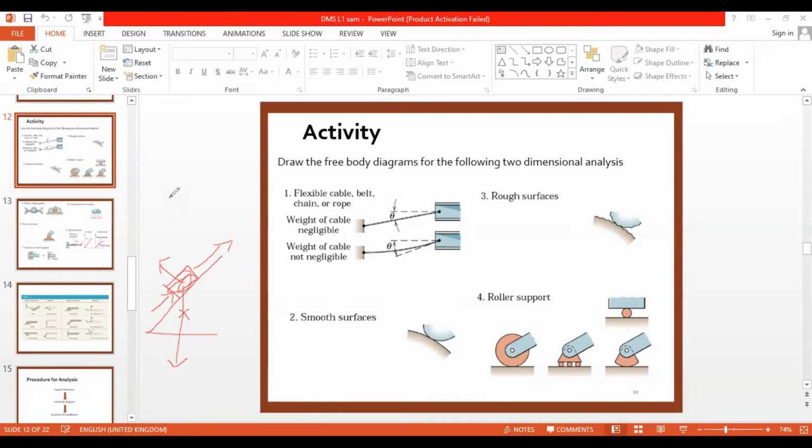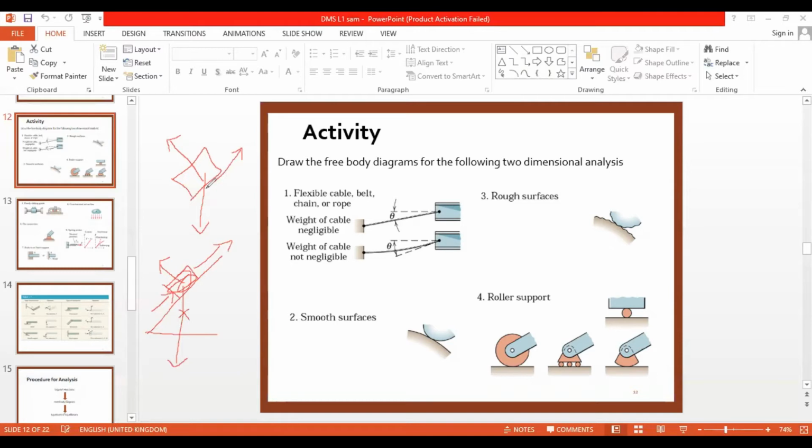If I want to draw this particular diagram as a free body diagram, then I have a body like this, and it will have a mass. It will have a normal reaction. If it is moving downwards, it will have a frictional force. That's all.